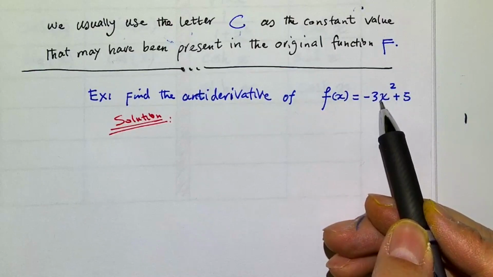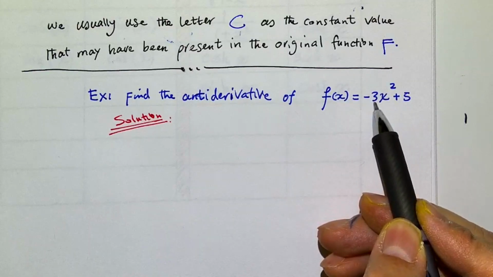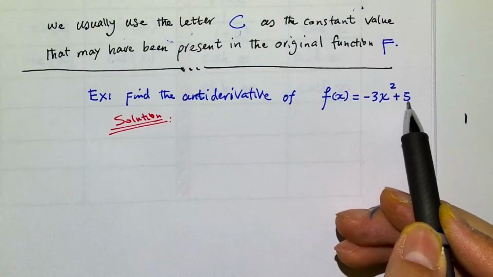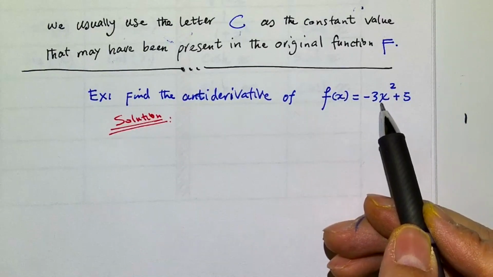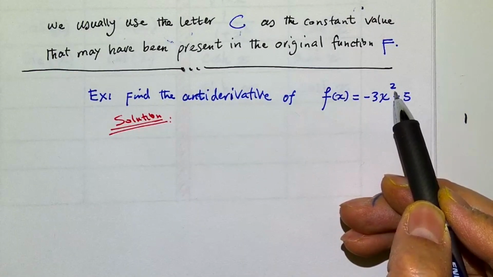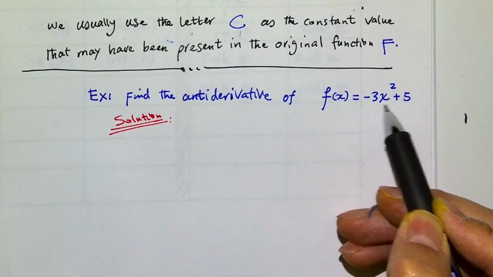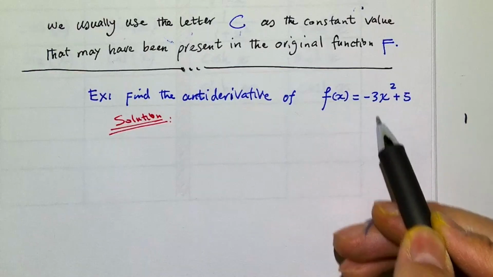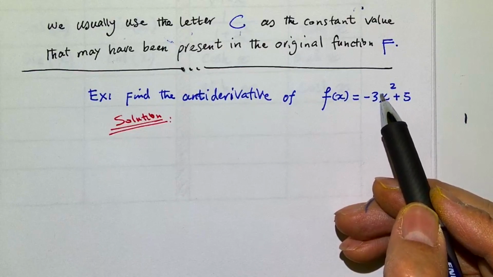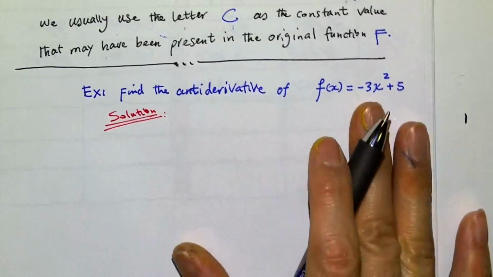So if we were taking the derivative of this, suppose, we would say 2 times minus 3, minus 6x to power 1, and then the 5 would drop out. But we're not doing that. We're going the opposite way. So instead of subtracting 1 from the power, we add 1 to that power, and then divide this term, not the whole thing, this term, by the new power. The new power being the power after we add 1 to it. So let's just do it right now.